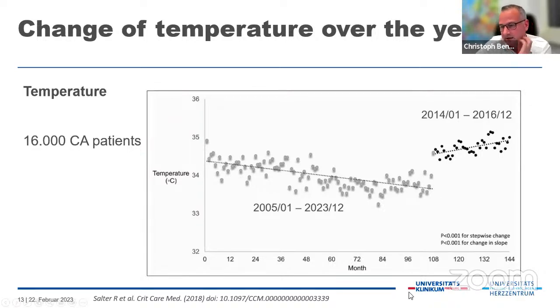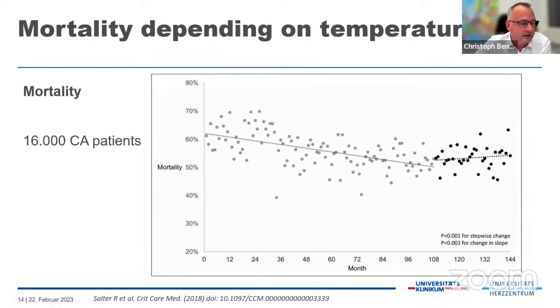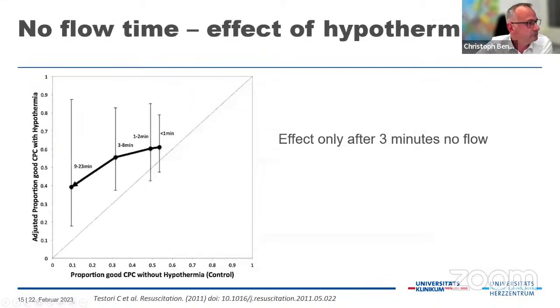And then the guidelines changed, and immediately the temperature, of course, increased. If you then look at the mortality, that's really interesting. During the increasing temperature period, the mortality also increased. And when they changed to normothermic temperature, the mortality still increased.